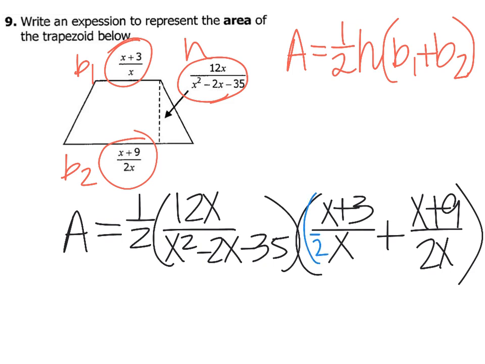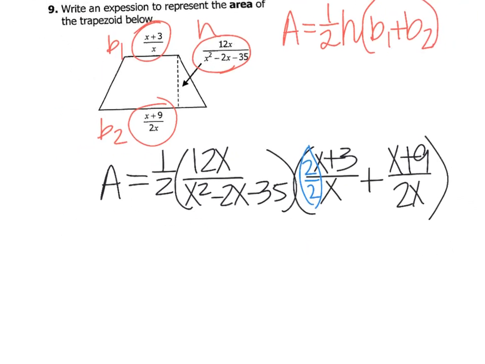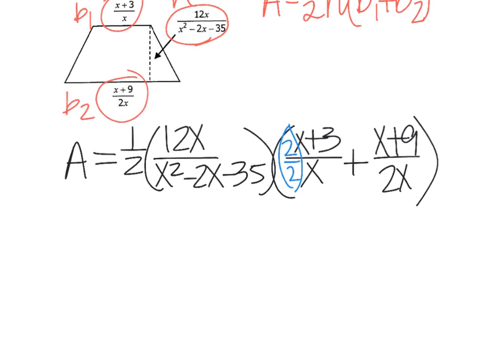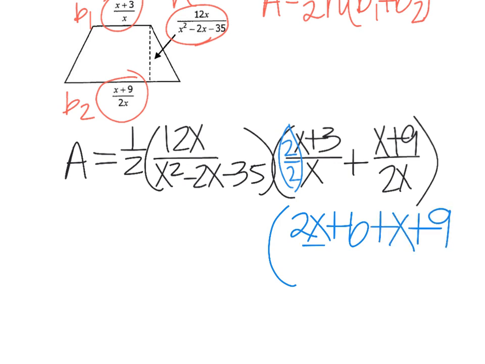So we need to multiply the top and the bottom here by 2 so that they have a common denominator of 2x. Okay, so then we can rewrite this one as 2x plus 6 plus x plus 9 over 2x.